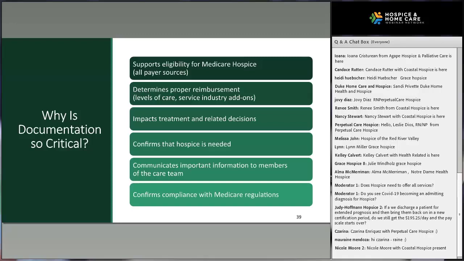Maybe they're going to alter the plan of care, they want a new course of treatment within the hospice. So that's why I'm saying documentation is critical, because that is what's reviewed in IDG, IDT. Of course, the documentation confirms that hospice is needed. It communicates important information to members of the care team, which we just discussed, and also it confirms and affirms compliance with Medicare regulations.